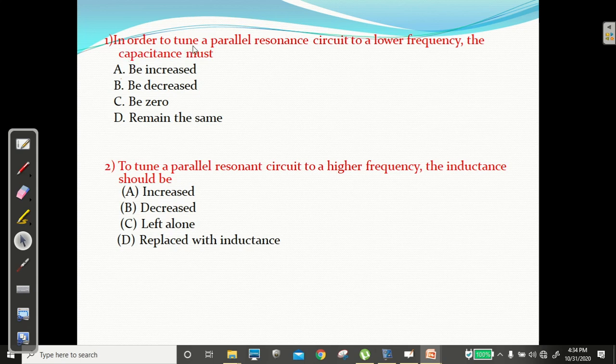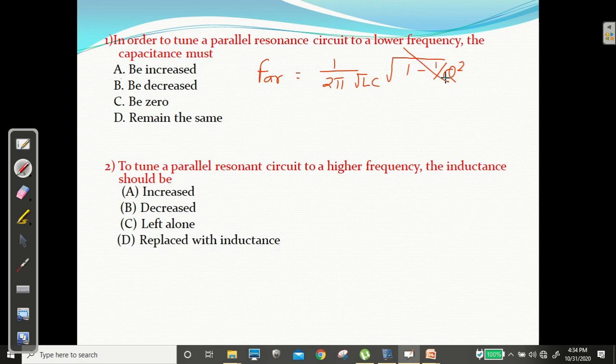In order to tune a parallel resonant circuit to a lower frequency, the capacitance must be. We know the anti-resonant frequency FAR is 1/2 pi root LC under root of 1 minus 1 by Q square. This is neglected.